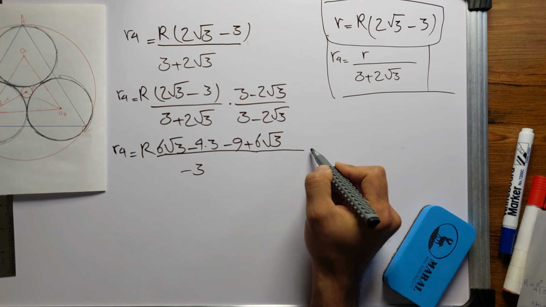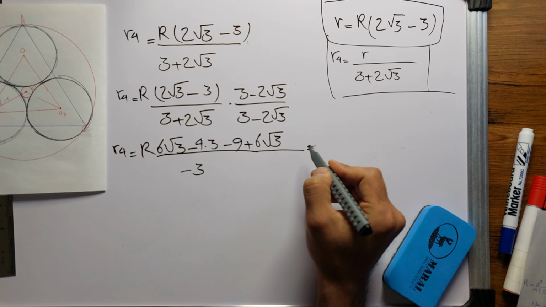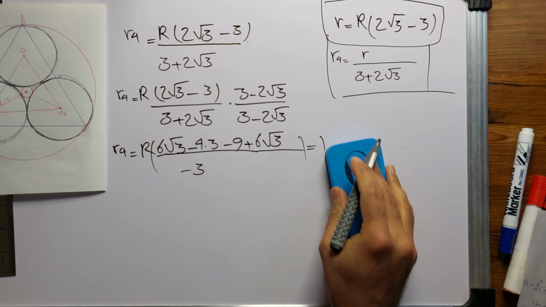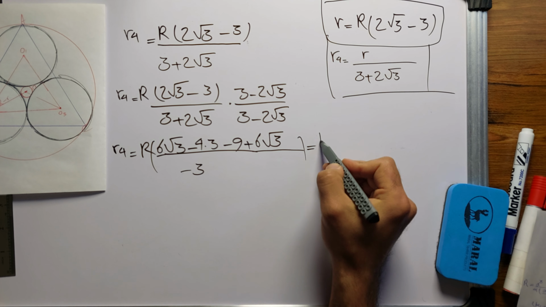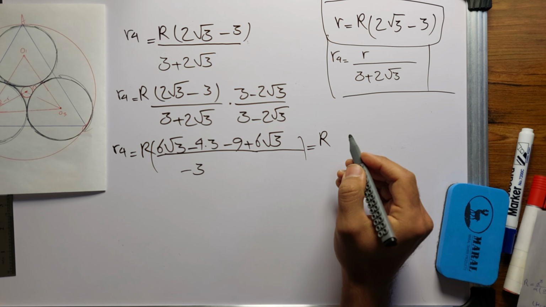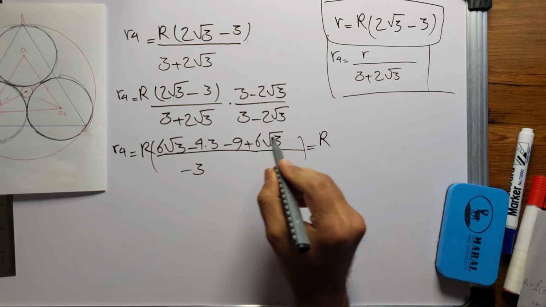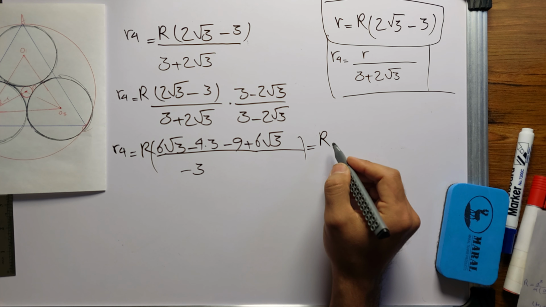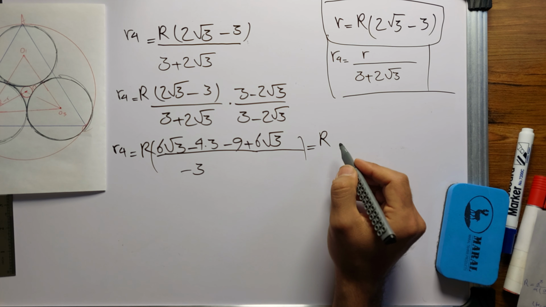So here we have r times 6 square root of 3, 6 square root of 3 minus 12 minus 9.